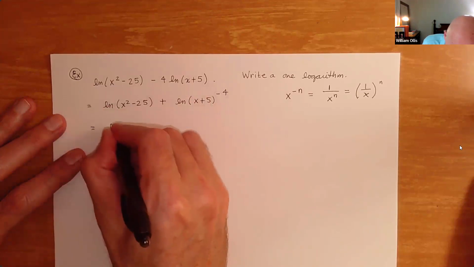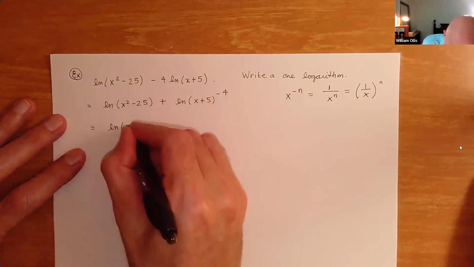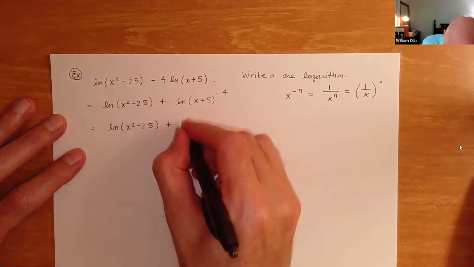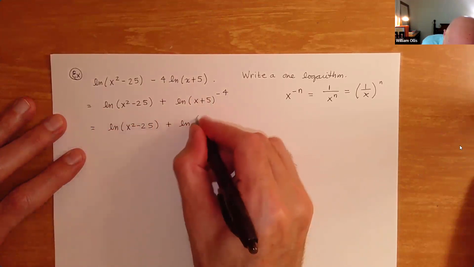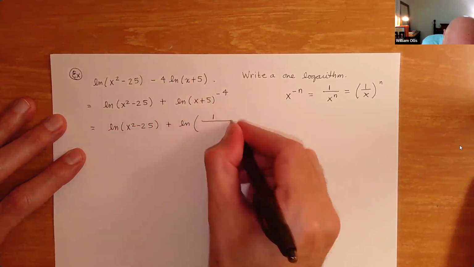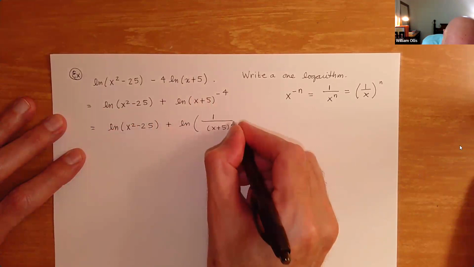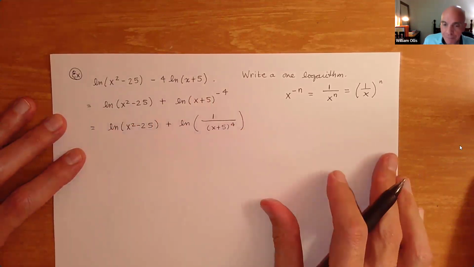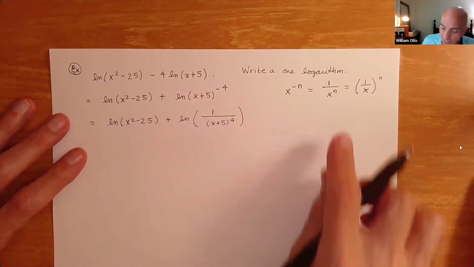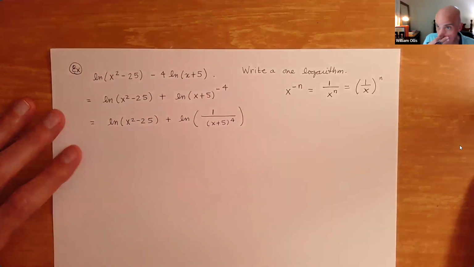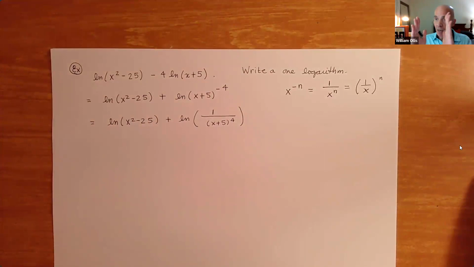So we have the natural log of x squared minus 25 plus the natural log of 1 divided by x plus 5 to the 4th power. Just like that, just applying this identity. And now we have the sum of logs, which we can write as the log of a product.